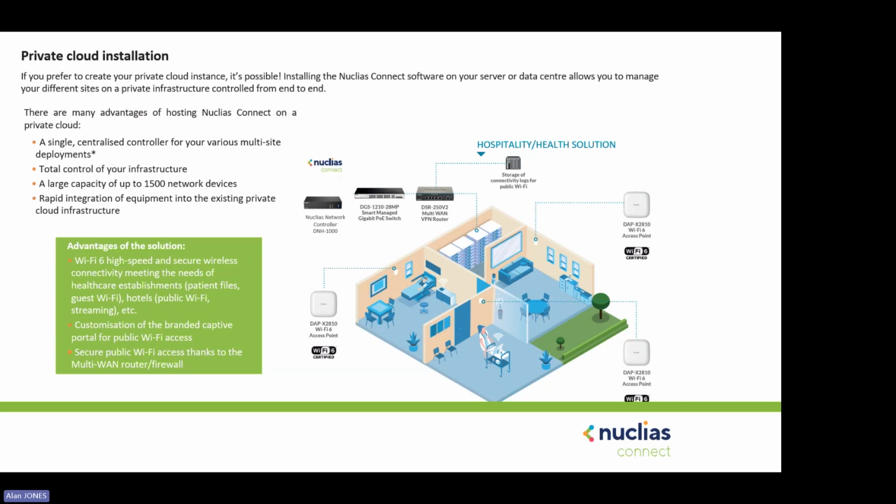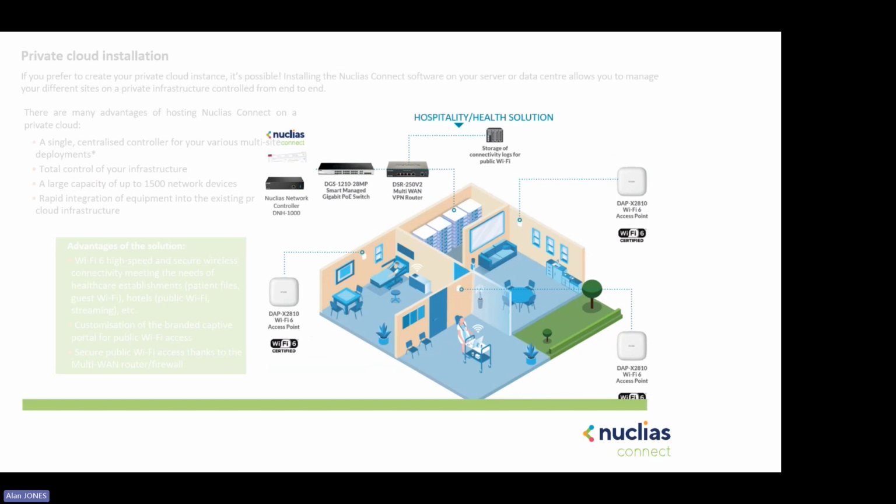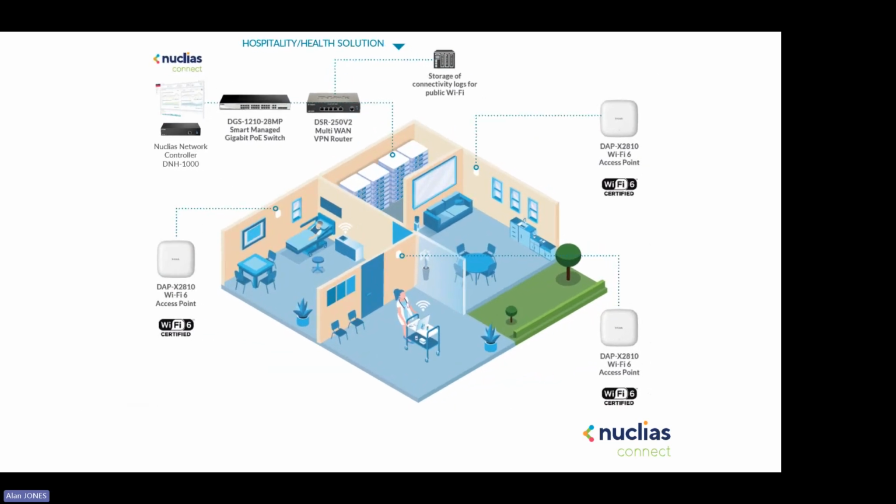Then connecting that all together for the wireless element, we've got the Wi-Fi 6 access points on the edge of the network, and that's just an overall view of what we can do. I think the Wi-Fi demands for this sort of scenario aren't going to be massively high.